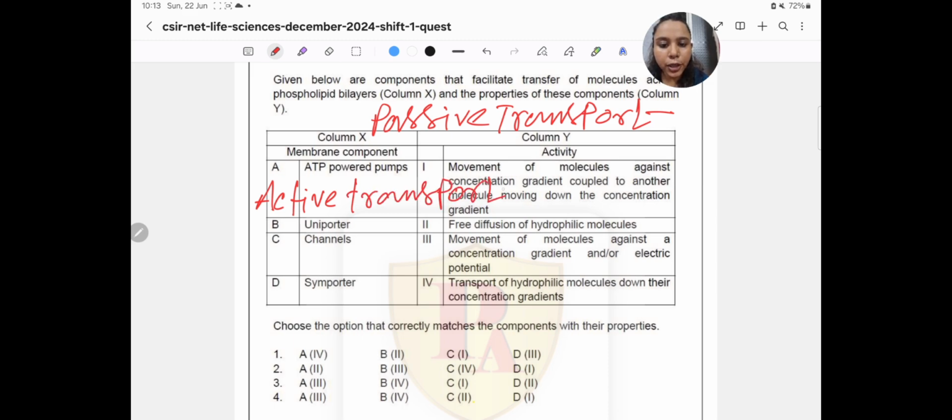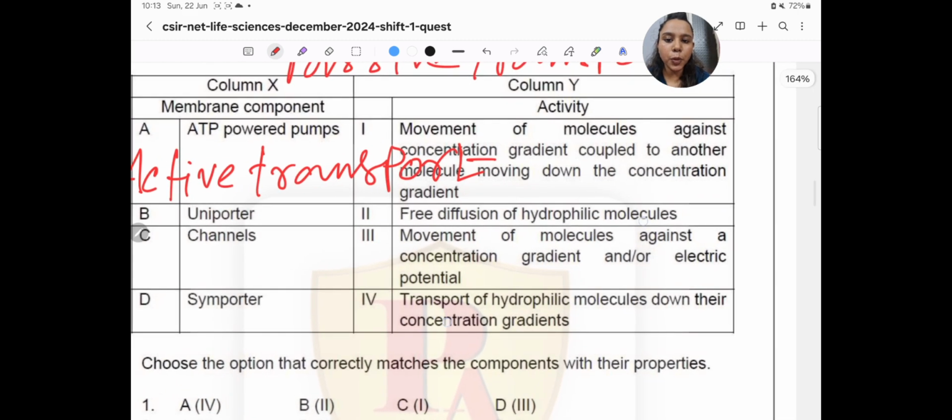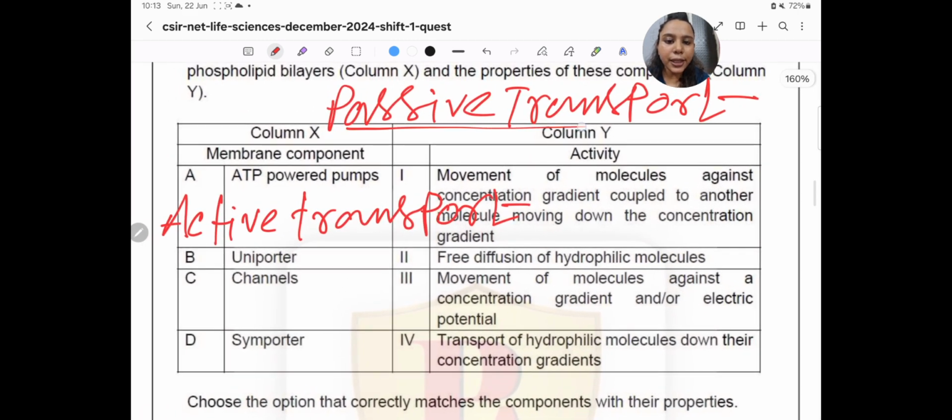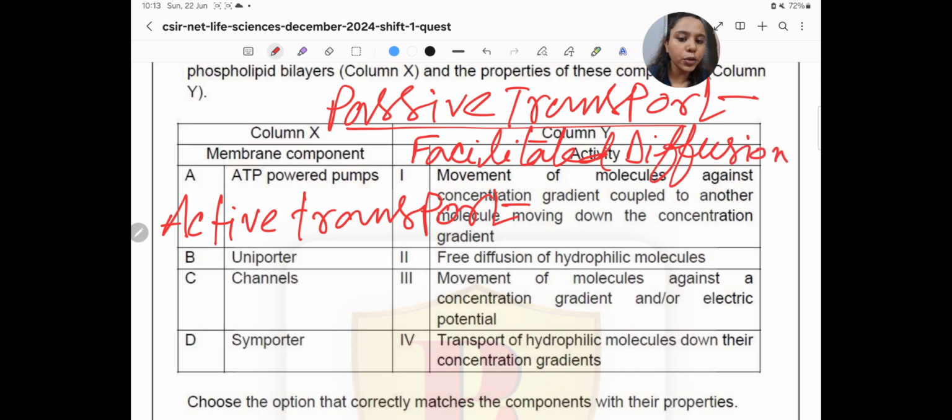Within passive transport there is facilitated diffusion, and within facilitated diffusion there are three types: uniport, symport and antiport. We know it, right?